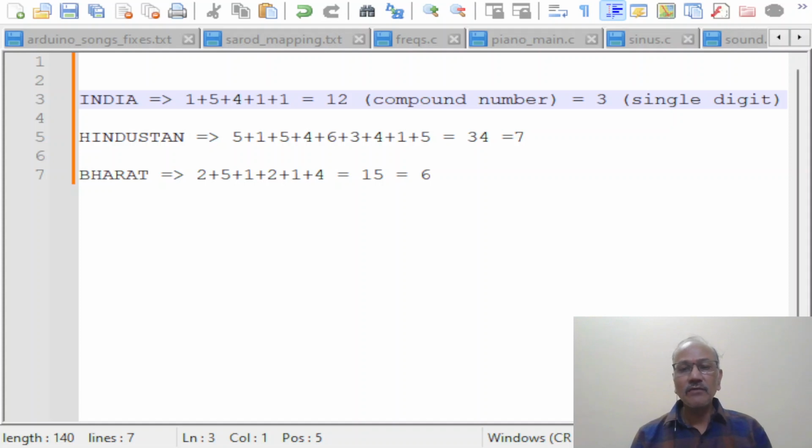Now, 12 itself has a certain signification to it. If we add the 2 and 1, it gives you 3, which is the single digit number. This also has a signification. The compound number 12 shows anxiety, suffering, and becoming a victim.